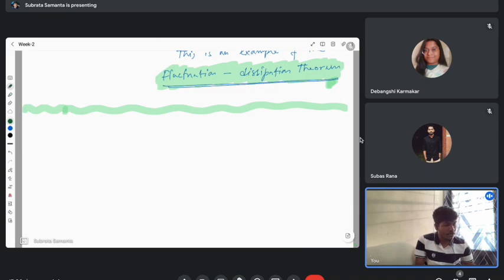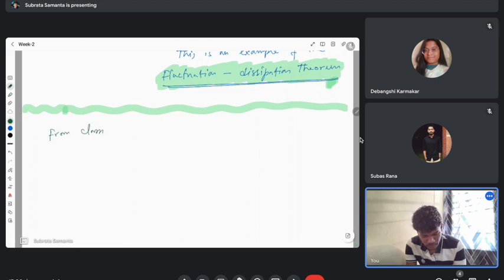Just a brief recap of the week 5 content. From the classical point of view, the specific heat. What do we know from the classical equipartition theorem?